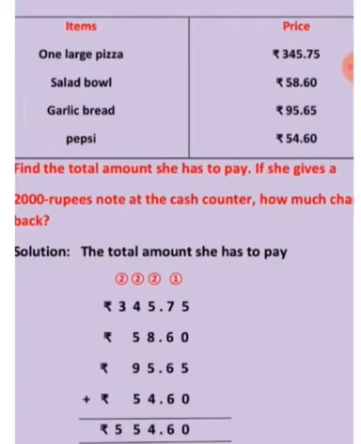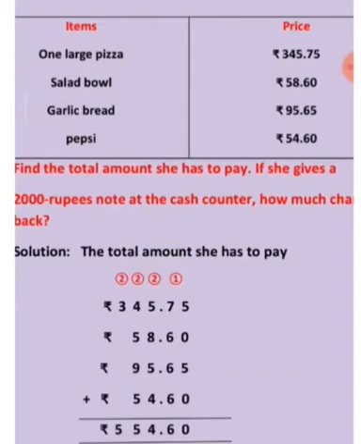Now our question is, find the total amount she has to pay if she gave a 2000 rupees note at the cash counter, and how much money the cashier actually returned to her.